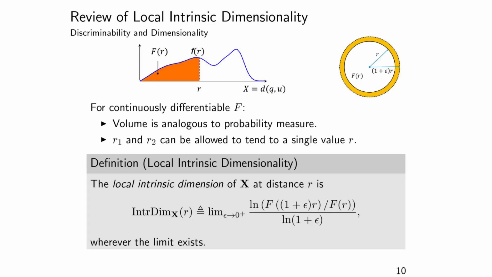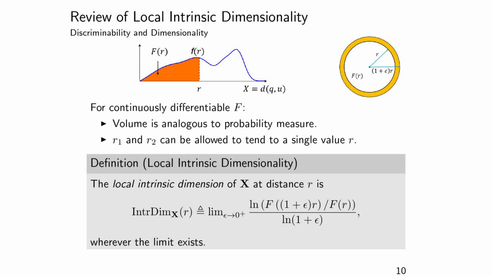Then, in terms of these concepts, the local intrinsic dimensionality is just given as the ratio of the logarithm of these two volumes, now denoted by probabilities, over the ratio of the logarithm of the distances. But here we take as the two radii of interest the inner ball of radius r and the outer ball of radius (1 plus epsilon) times r for some small epsilon. And then we let epsilon tend towards 0 to get an instantaneous measure at r of what this quantity is.